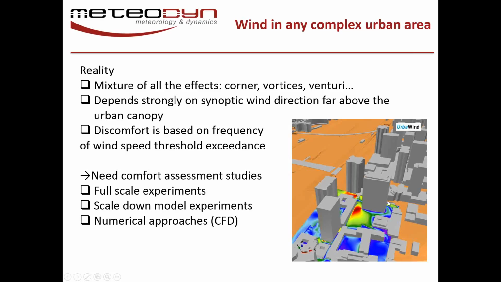So if we want to highlight the comfort area, you have to use all the synoptic wind directions, because you can have a corner effect for one wind direction, and after you can have a Wise effect for another wind direction. So the discomfort is based on the frequency of wind speed threshold exceedance. It's not based on only one wind direction.